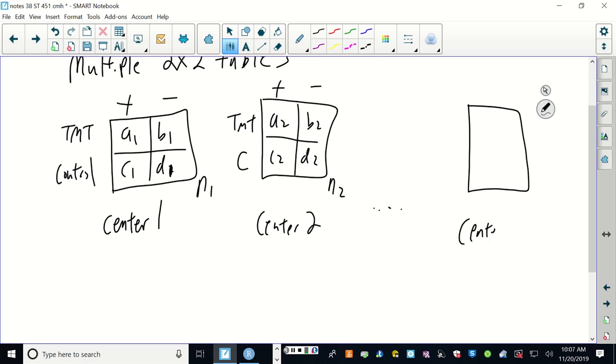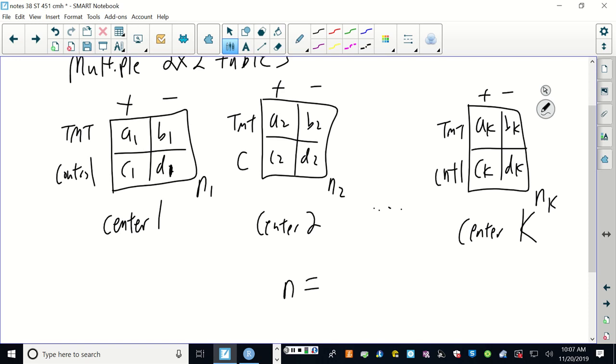I don't remember what it's called, K. So AK, BK, CK, DK are the counts for positive and negative, treatment and control. And N sub K is the same. So the total sample size is N1 plus N2 plus N sub K.